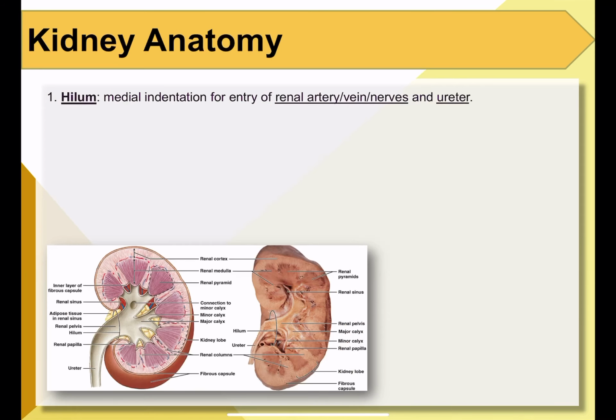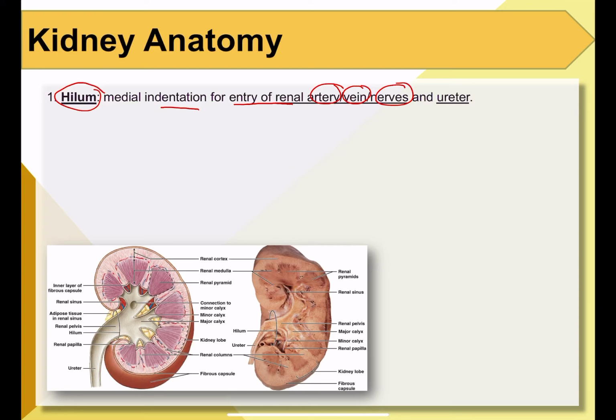All right. So, okay, on to the basic anatomy parts of the kidney. You have the hilum. Now, remember where we talked about the hilum. Remember with lymphatic nodes, okay, which is lymph nodes. With lymph nodes, I said you have the hilum in there. And hilum a lot of times means some sort of indentation that will allow for entry of arteries, veins, or even nerves.